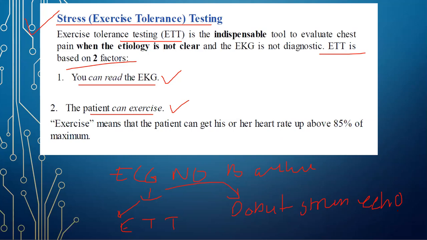Now, if this patient has an ECG abnormality, then you cannot do ETT, you cannot do dobutamine stress echo. So what is the next thing you can choose for this patient? If there is a baseline ECG abnormality, then the only thing that you can do is the thallium scan, or you can also choose echocardiogram while the patient is doing exercise. So exercise echo or exercise thallium scan. Clear? Now it should be totally fine.